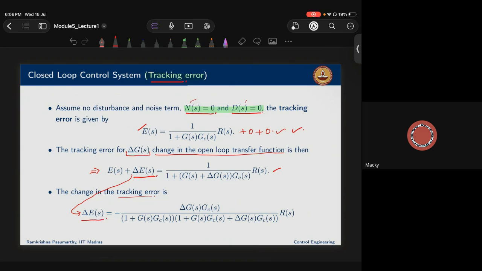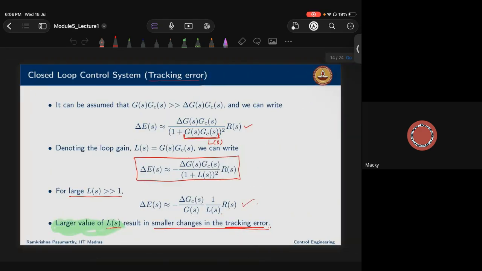So using this error now, this L of s we know already. Please write it, you will understand it. Finally, this is our expression for change in the error. What it says is, if L of s, that is nothing but the open loop transfer function, is large, we get small changes in the tracking error.